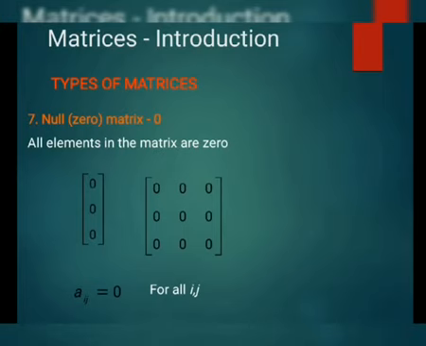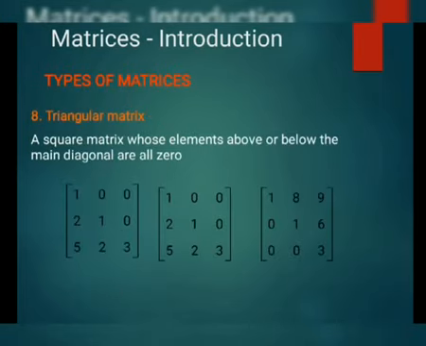After the null matrix, the next type of matrix is a triangular matrix. In this type of matrix, suppose we are taking any diagonal, and in that diagonal either the above or the below elements are 0. Only either above or below elements are 0.